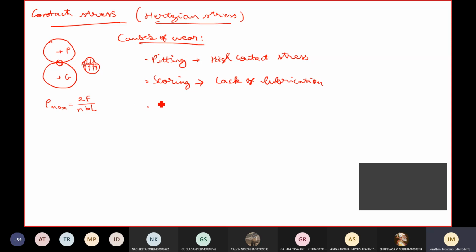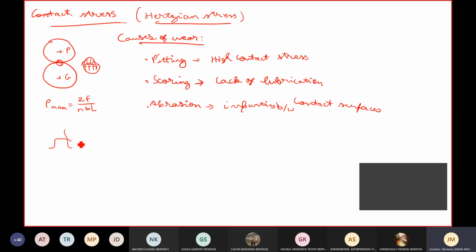And the third one is called abrasion. This abrasion part is sometimes rare. This is because of impurities between the contact surfaces. Some foreign material, maybe a sand particle, may come between the two gear teeth.